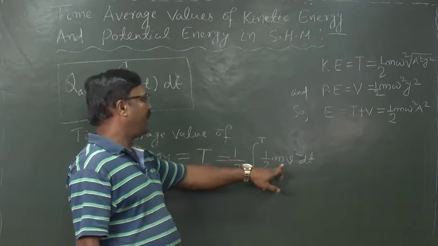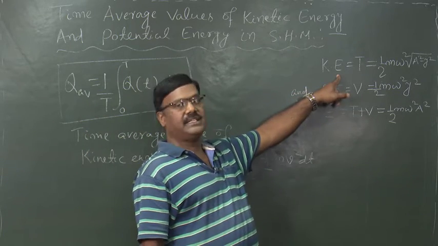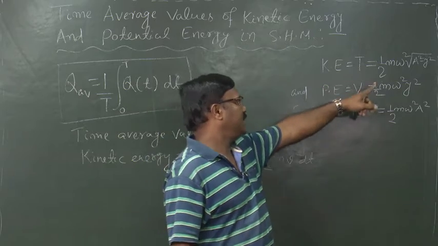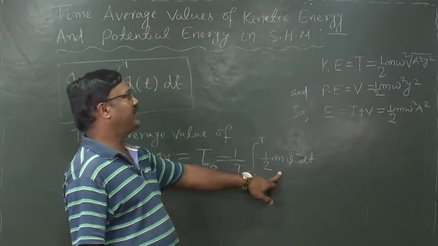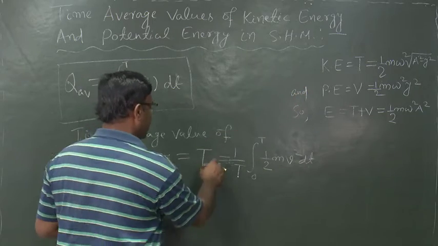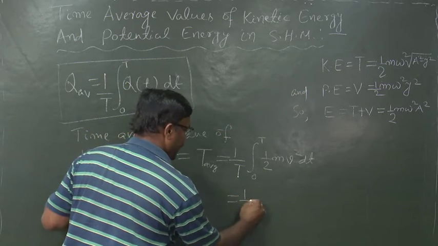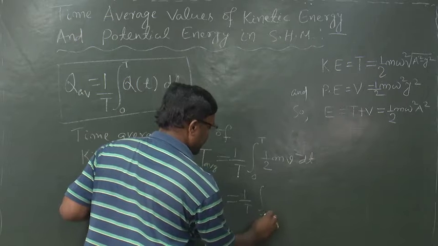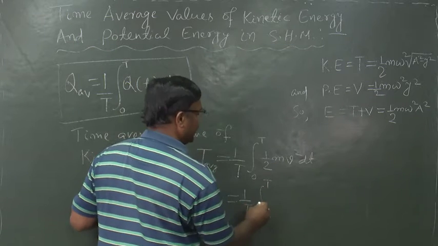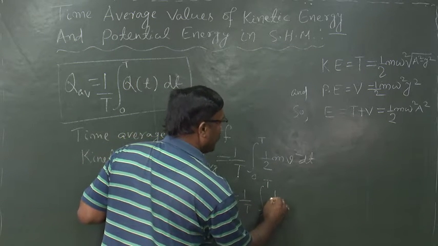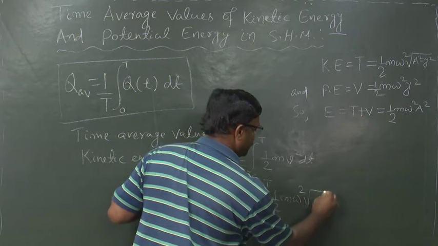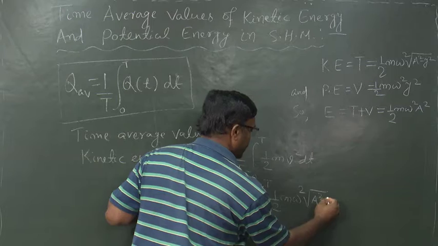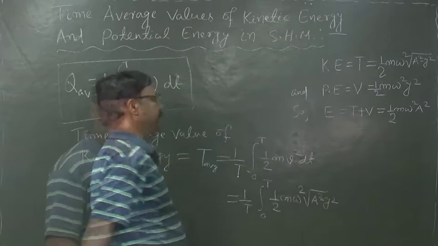But we have already found out the kinetic energy of a body in SHM is this much. So, here we can replace that value and this equation becomes 1 by T integration 0 to T half m omega square root over of a square minus y square.